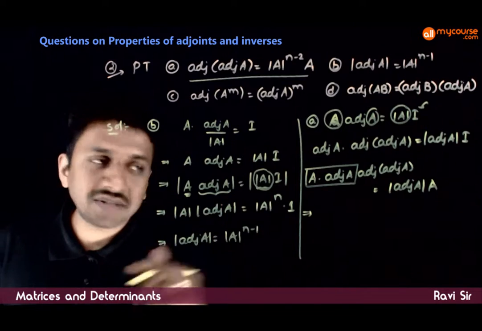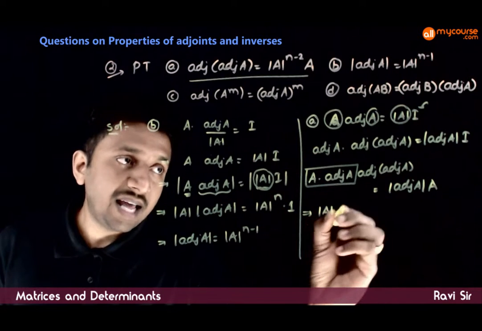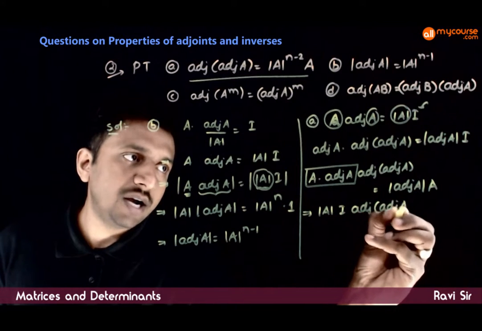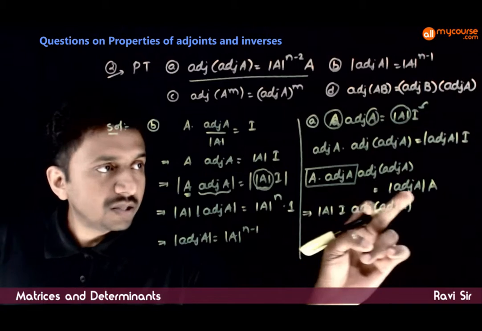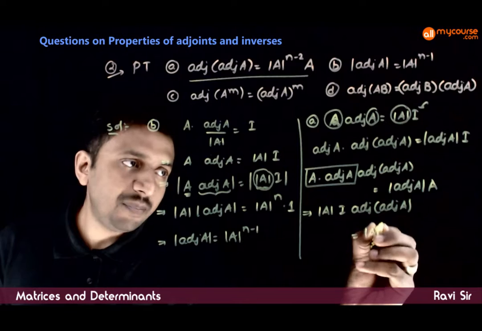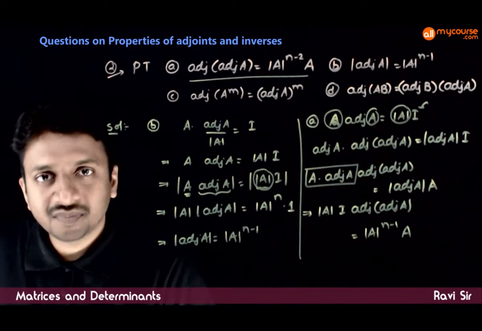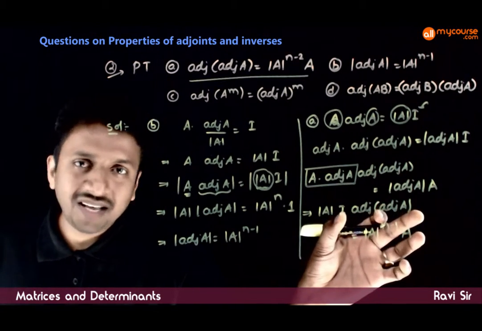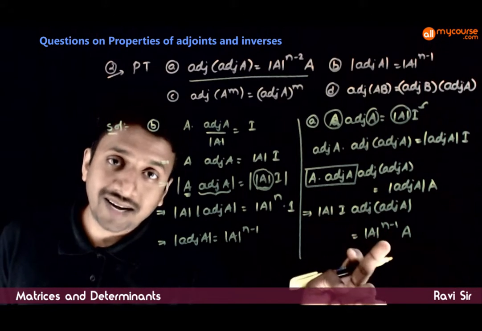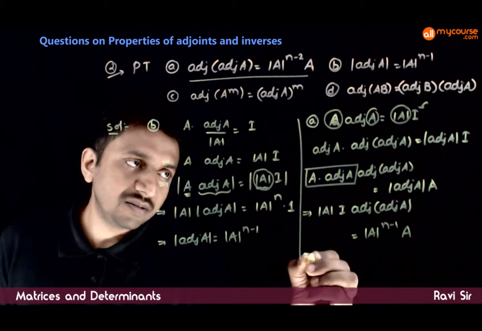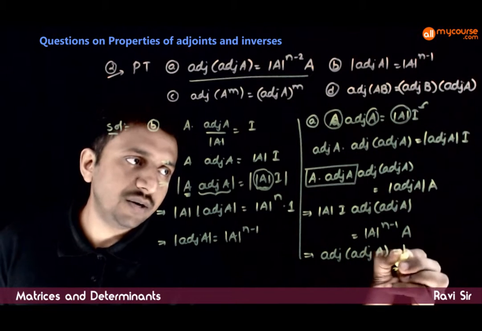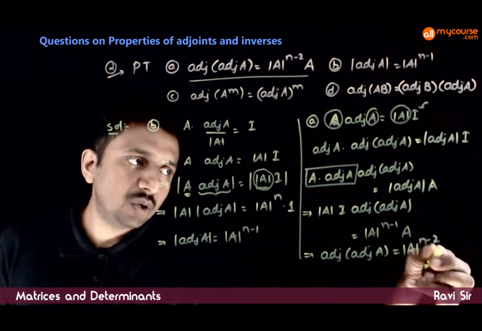It's nothing but det A times I. So det A times I times adjoint of adjoint A is equal to, and what is det of adjoint A? We have already derived this: (det A) to the power n minus 1 times A. I times adjoint of adjoint A is the same as adjoint of adjoint A. One det A gets cancelled here, so (det A) to the power n minus 2 is left. This implies adjoint of adjoint A is equal to (det A) to the power n minus 2 times A.